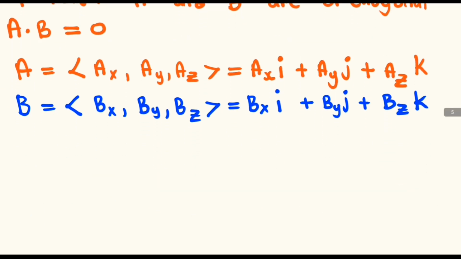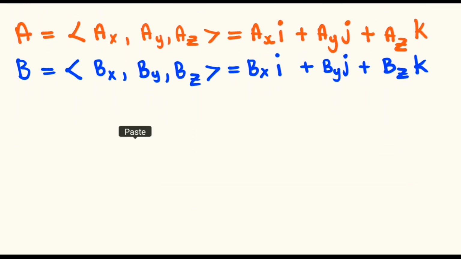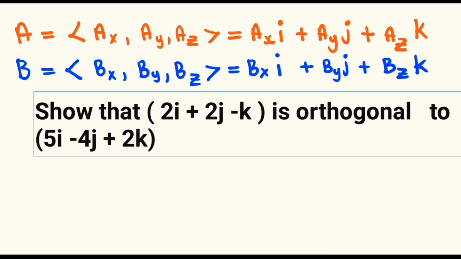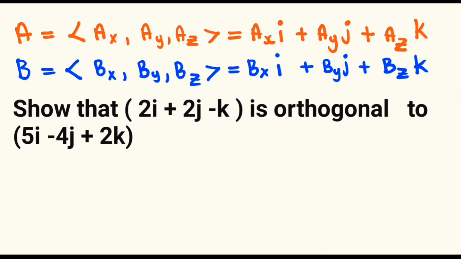Our last question: we have to show that vector 2i plus 2j minus k is orthogonal to vector 5i minus 4j plus 2k. So we are going to compute the dot product of the two vectors and see if it will be equal to 0.